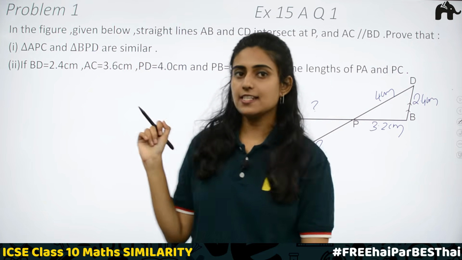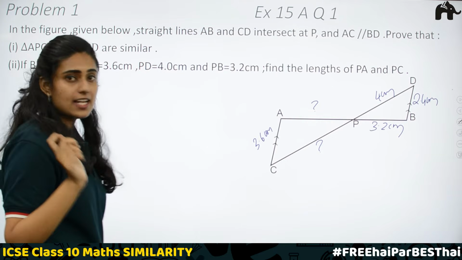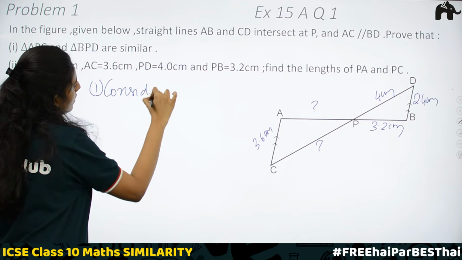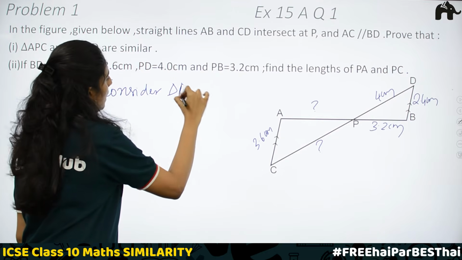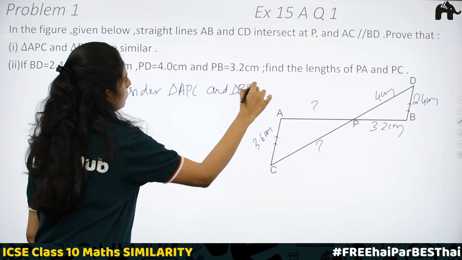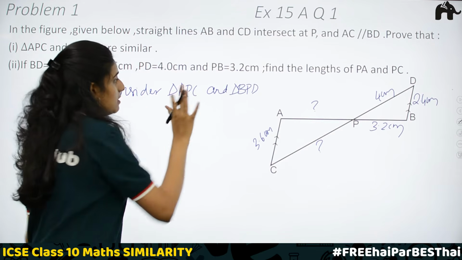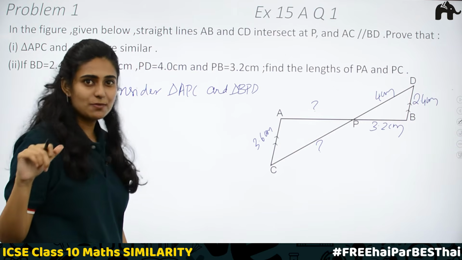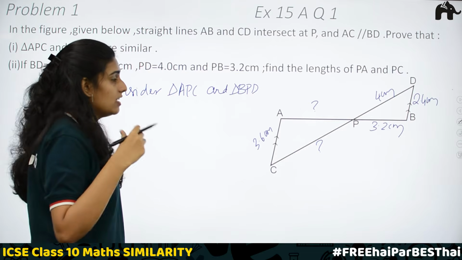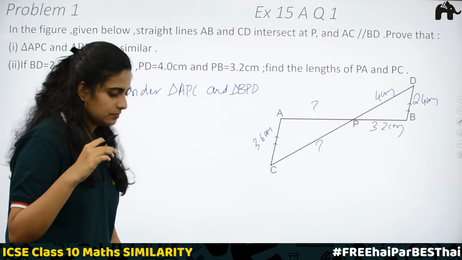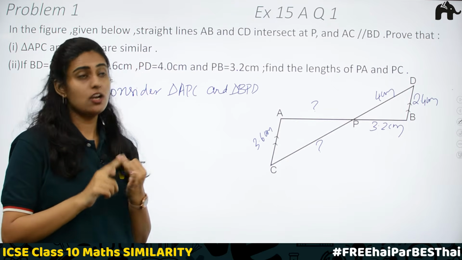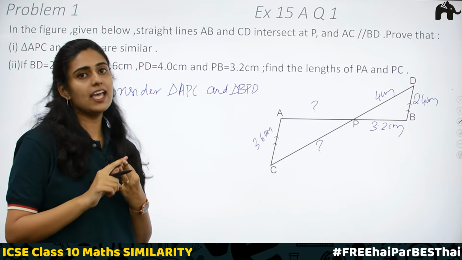Okay. First, let us show that these two triangles are similar. Consider triangle APC and triangle BPD. For triangles to be similar, we have some criteria. We have studied some postulates. Either it should obey the AA or AAA postulate or the SAS postulate or the SSS postulate.